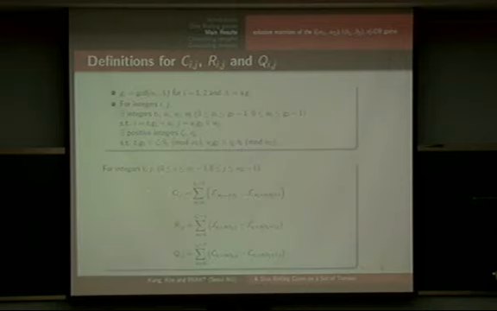And as you see, Cij and Rij are defined to be linear combinations of J star, and so they are solution matrices in the DR game. And so, since C is a linear combination of J star, Q can also be represented by a linear combination of J star.